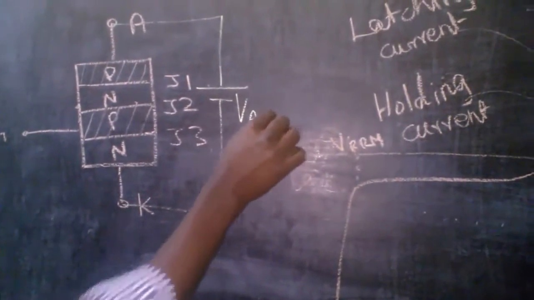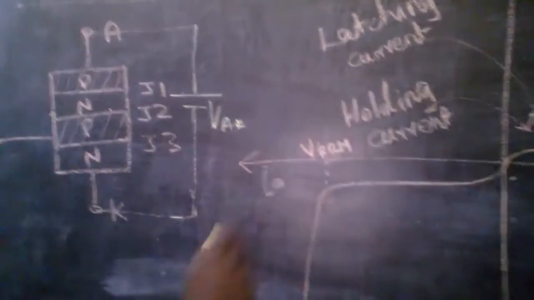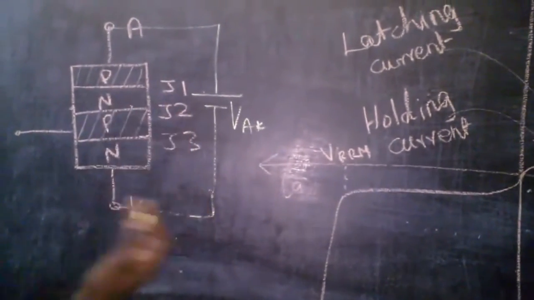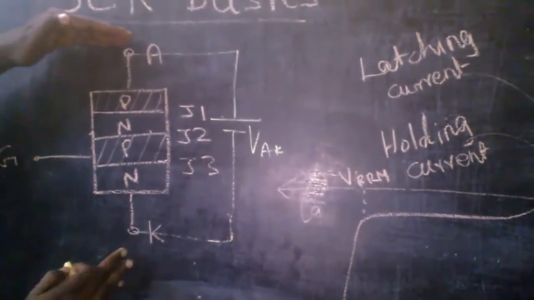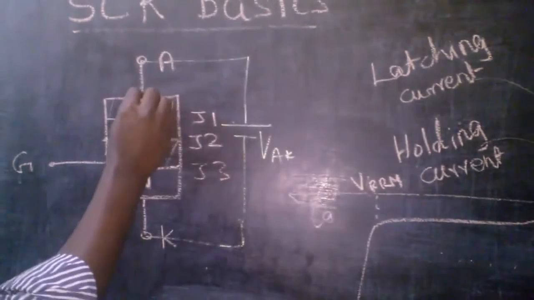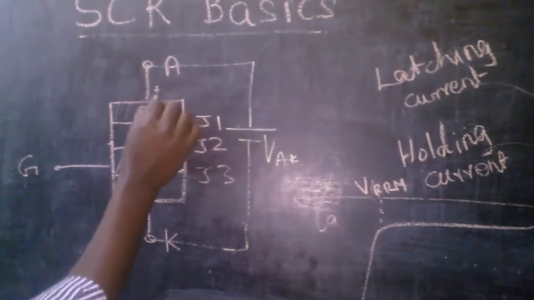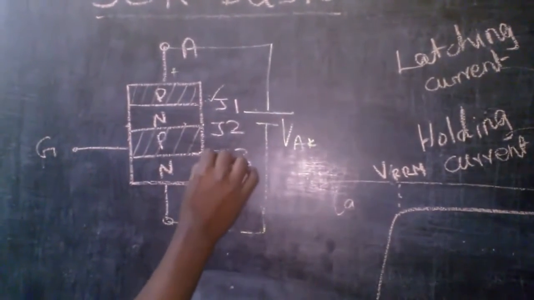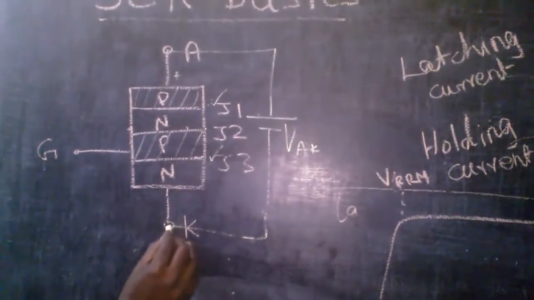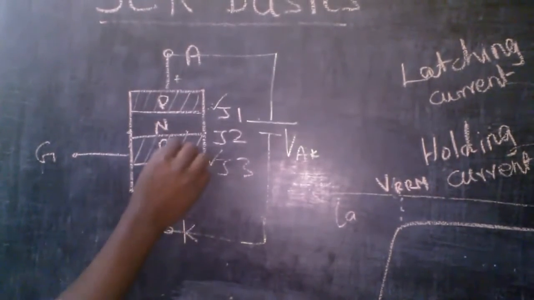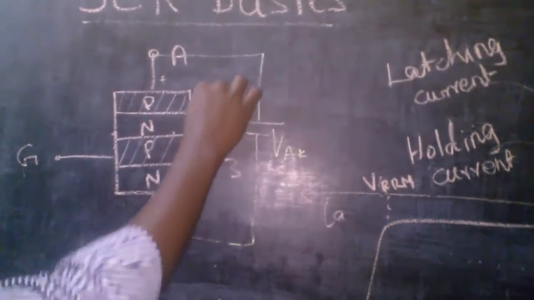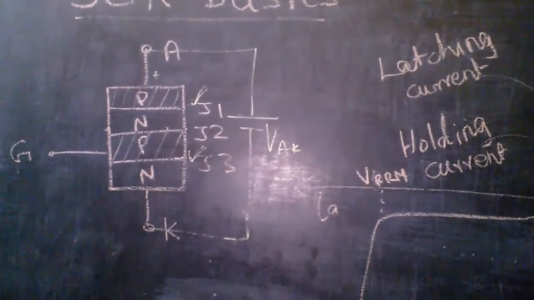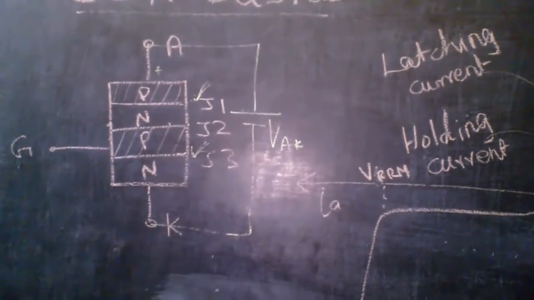Anode to cathode, this is the voltage VA. Whenever we apply a voltage to the anode to cathode terminal, this P becomes positive, so this PN junction becomes forward biased, and this junction also becomes forward biased. The cathode N terminal is negative and P is positive, so these 2 junctions are forward biased, whereas junction J2 is in reverse bias condition.